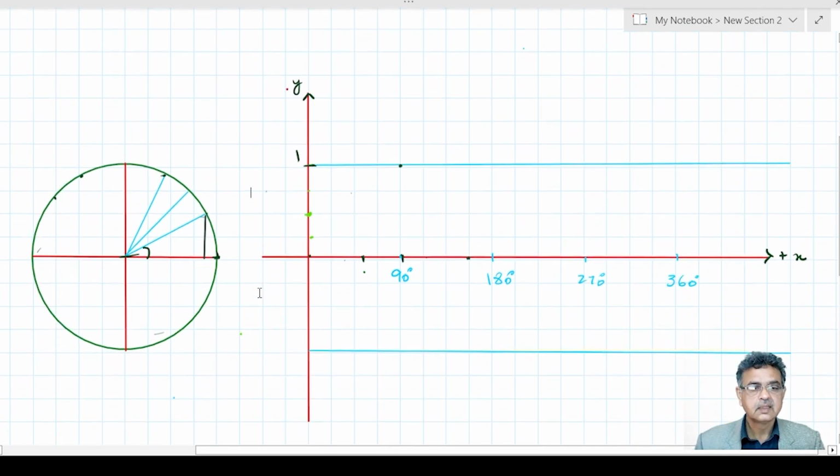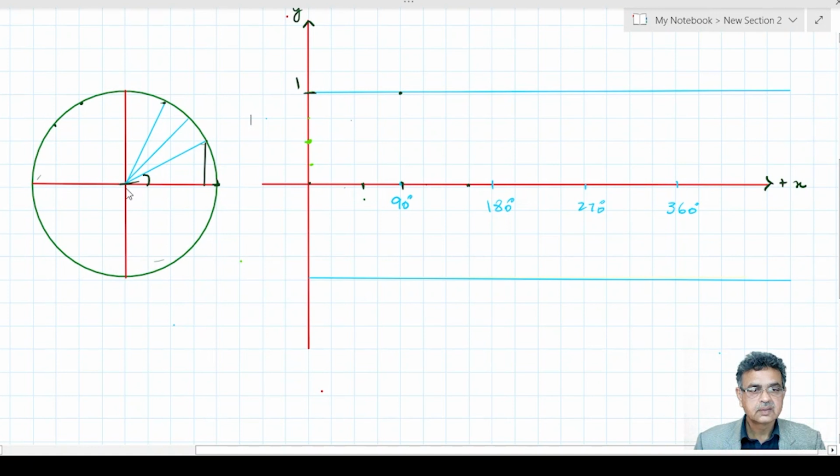So if I draw a line from here, look, when the angle is zero, let me remove this line before that. When the angle is 0, then the adjacent, this line is adjacent, and that is also the radius of the circle.